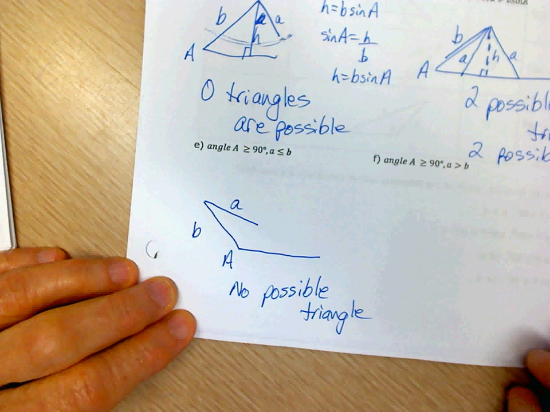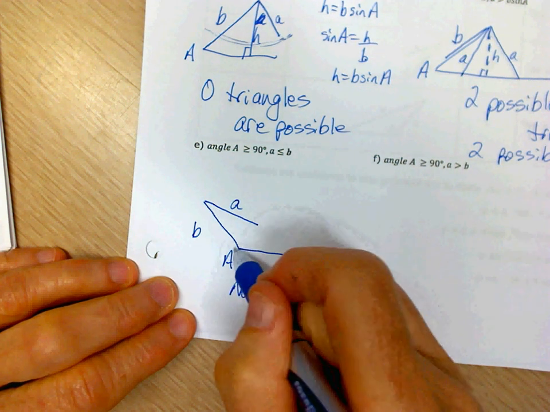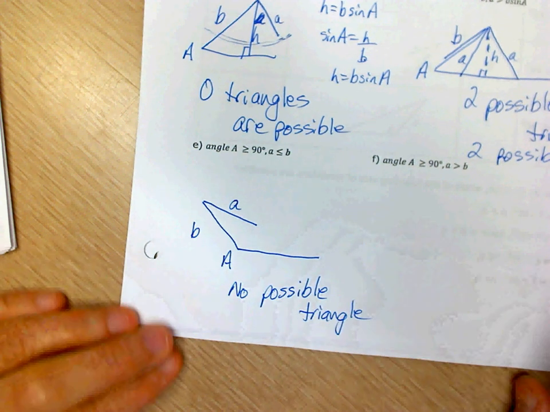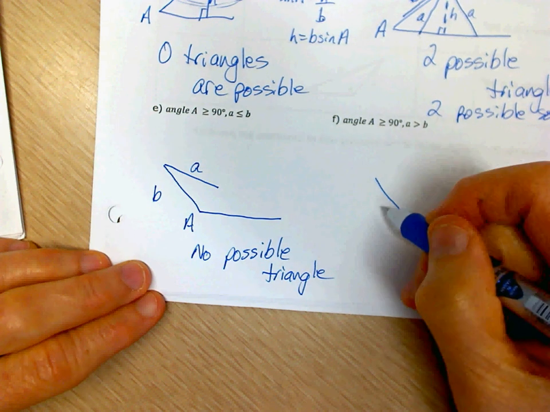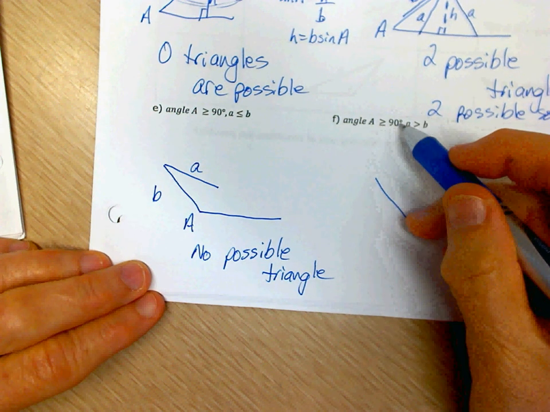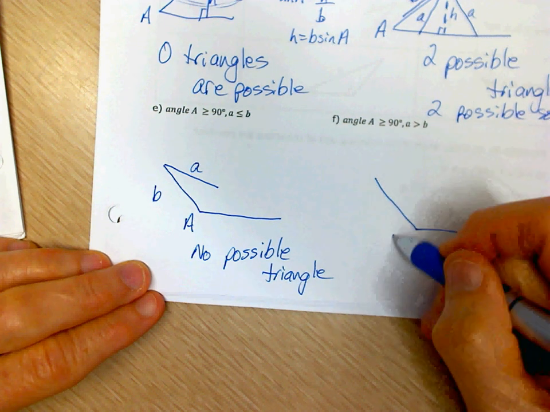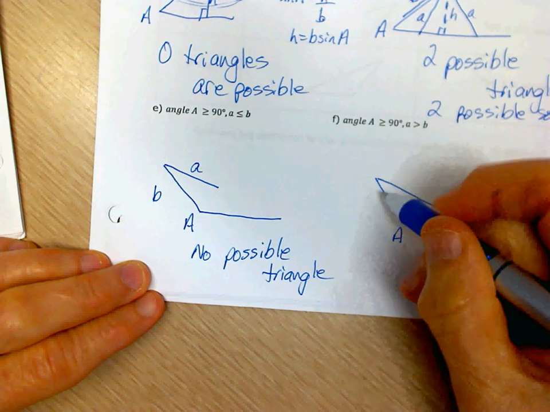When A is less than B, and A is obtuse, or greater than 90 degrees, there's no possible one. But if angle A is greater than 90 degrees, and A is greater than B, here's our A, and that's greater than B, then we're going to get one possible triangle.